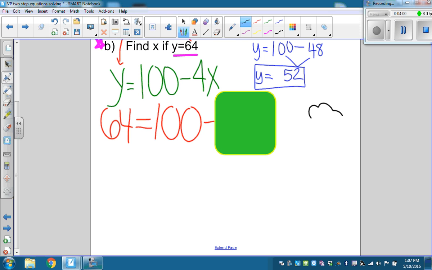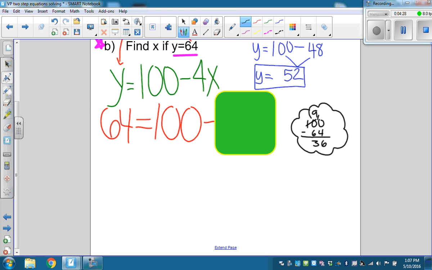You have to think about that, and hopefully you remember to use inverse operations, because 100 subtract 64, if you work that out, you get 36. So we need the missing value behind that box to be 36.